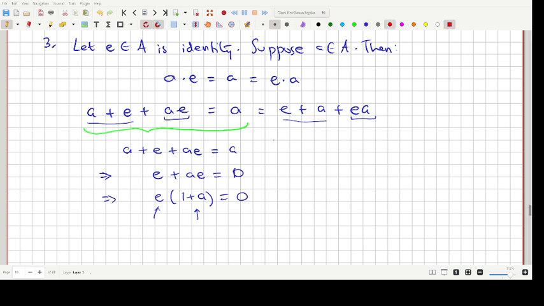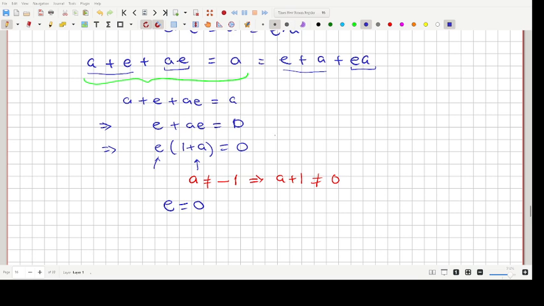But by the definition of small a being in capital A, the small a can never be equal to negative 1, which means that a plus 1 can never be equal to 0. So what we can get from here is that e should be equal to 0, and that is the identity, right? So e equal to 0 is the identity element.